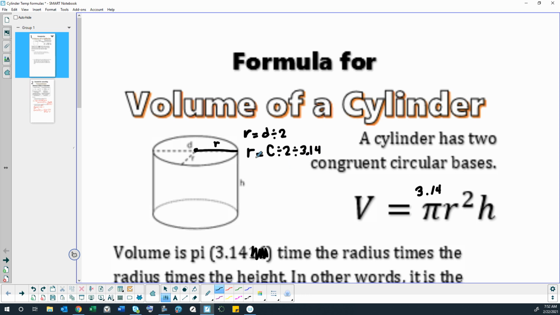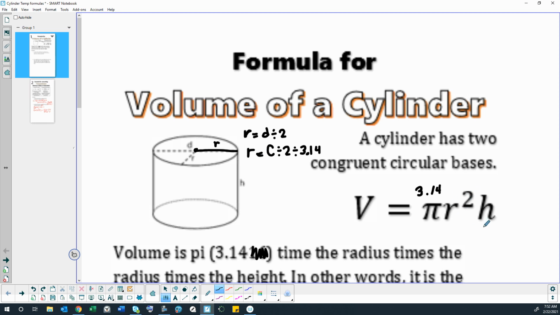We had to have R, and sometimes they gave us C, the circumference. So then we had to divide out 2 and 3.14 to actually find the radius. So here's 2 different ways to find the radius. If you know the diameter, you divide by 2. If you know the circumference, you divide by 2 and by pi. And then whichever situation you're in, that radius can be used here, multiplied times itself.